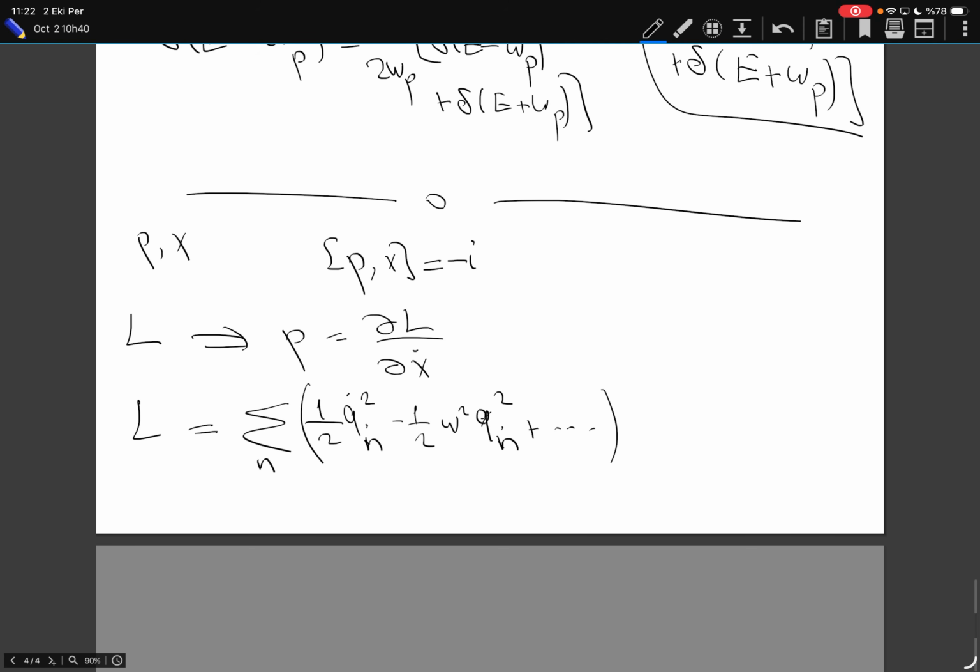I'm not writing everything. So we have the momentum corresponding to the coordinate n, defined as the derivative of the Lagrangian with respect to qn dot.